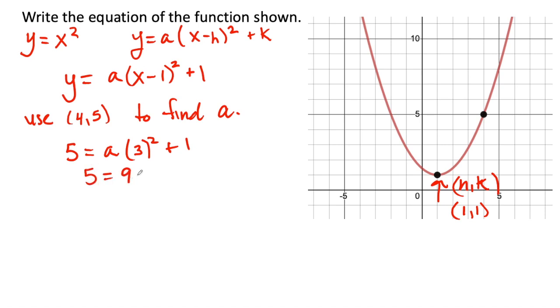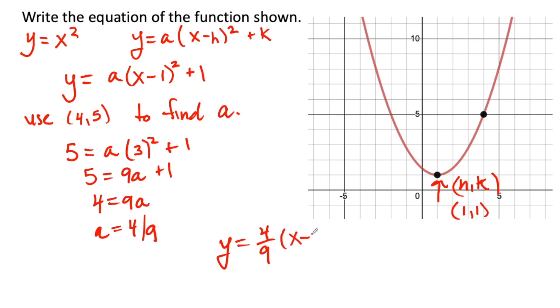So 5 equals 9a plus 1, 4 equals 9a, so a is 4/9. Our equation is y equals 4/9 times x minus 1 quantity squared, plus 1. Find your h and your k. Find a point on the graph to find a.